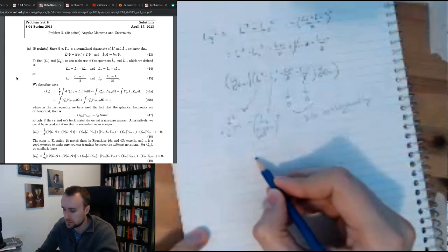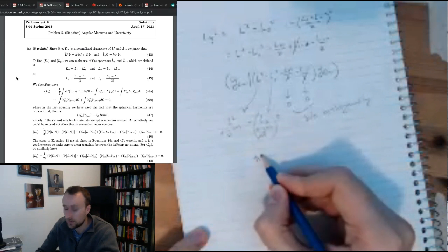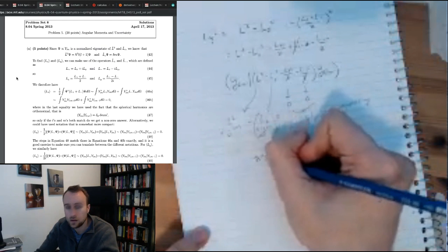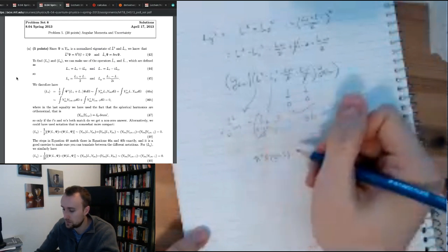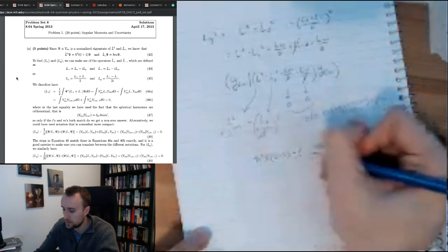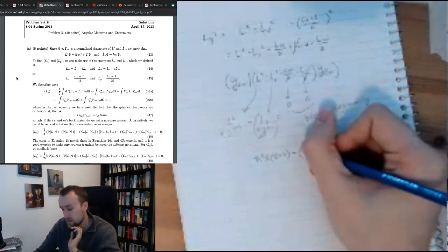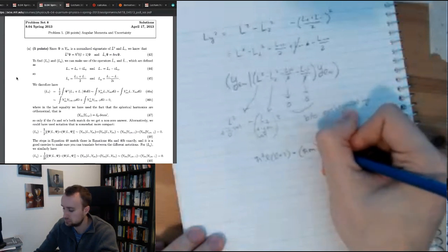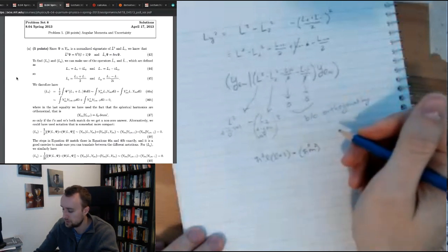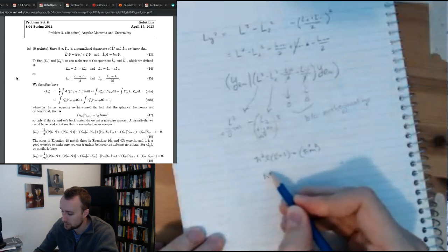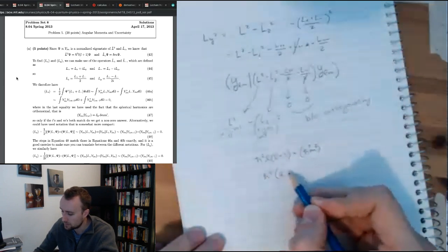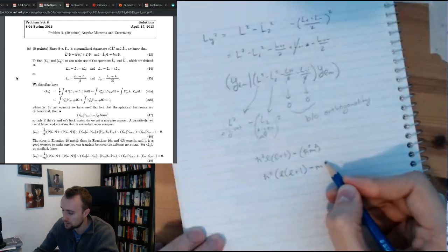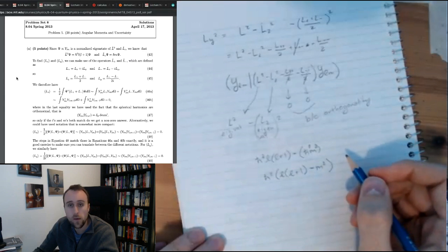So this is going to be what? h bar squared l(l plus 1) minus h bar m squared, was h bar squared l(l plus 1) minus m squared.